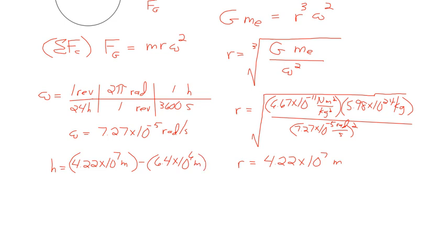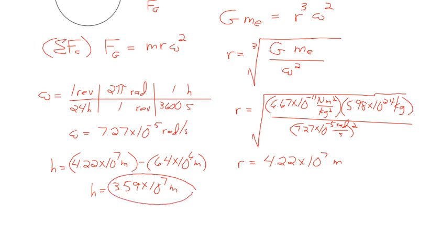If I write this times 10 to the 7th, that would be 0.64 times 10 to the 7th. So I'm basically just subtracting 0.64 from 4.22, and that'll get me the height. So that's going to be 3 point something. What number did I give you for that? 3.59 times 10 to the 7th meters.